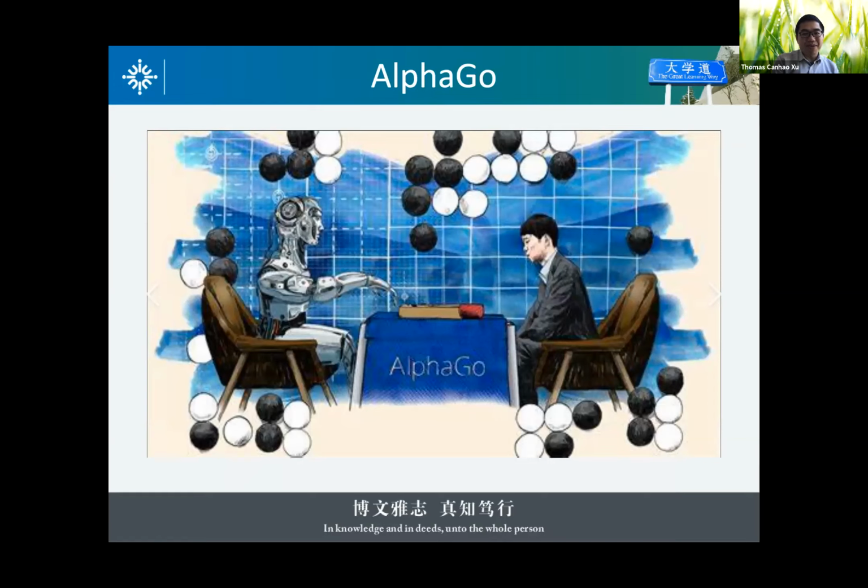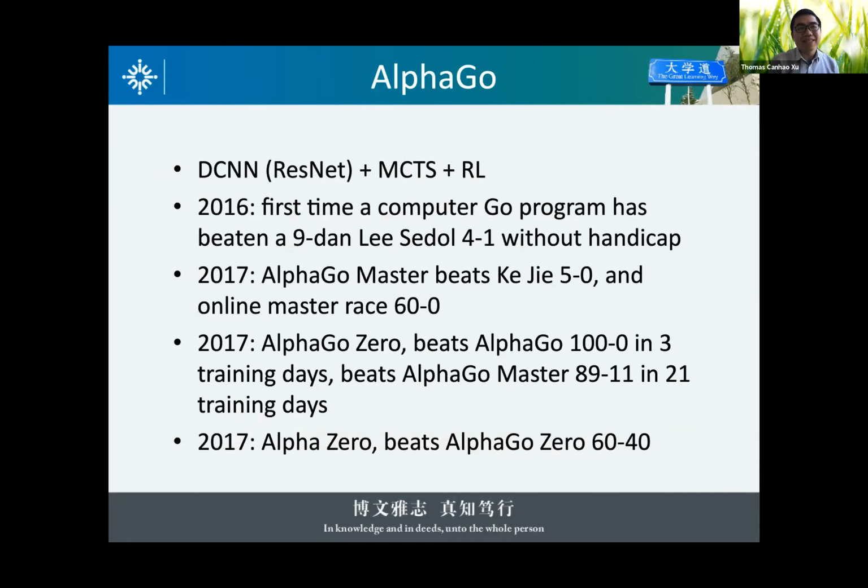In 2015 and 16, we had AlphaGo beating the 9 Dan best human Go players. So this is the very first real concrete work for machine learning and deep learning. In fact, it's not that complicated nowadays because it's already 5-6 years ago.